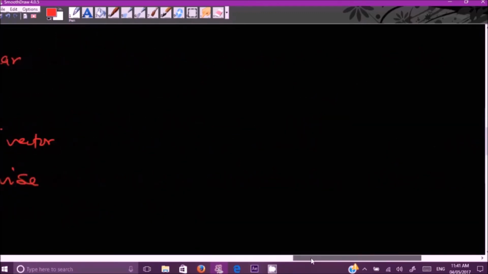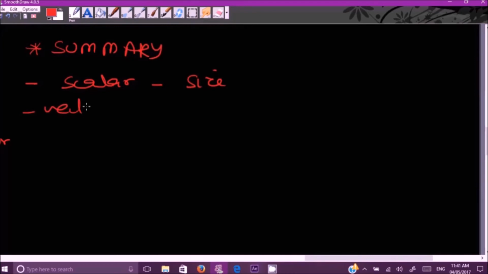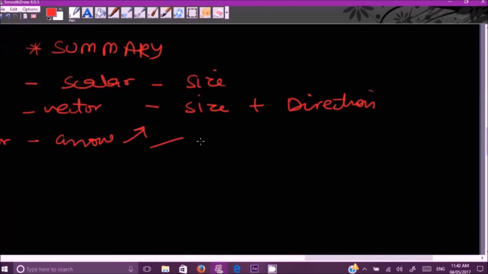Let's summarize what we have learned today. We learned about scalars. They only have a size. Vectors have a size and a direction. Vectors can be represented using an arrow. There are two rules.